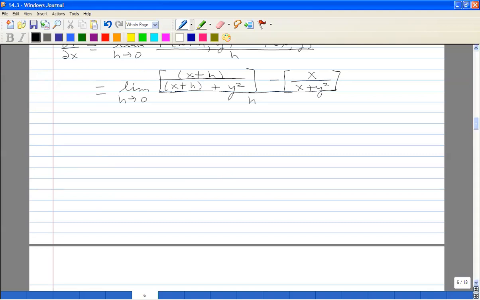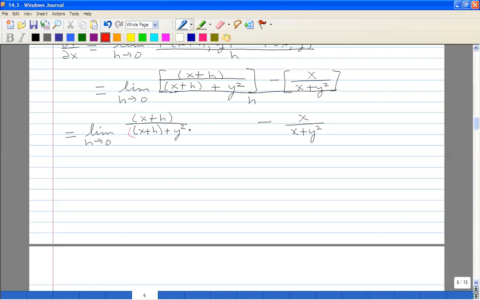Now, let me get a common denominator to simplify this. So this is the limit as h approaches 0 of x over x plus h plus y squared minus x over x plus y squared.